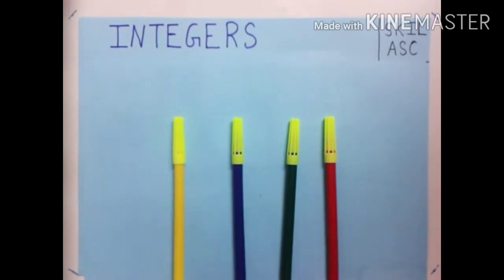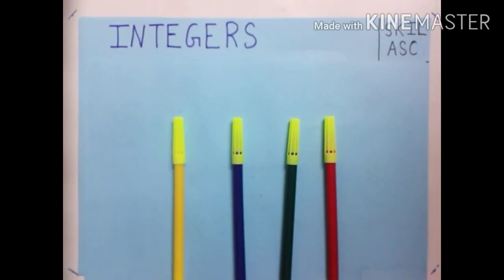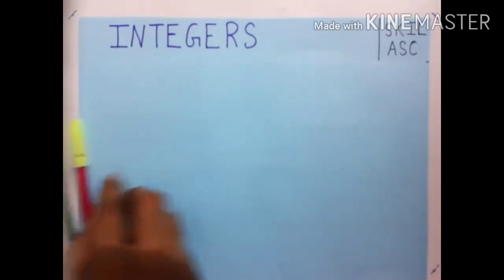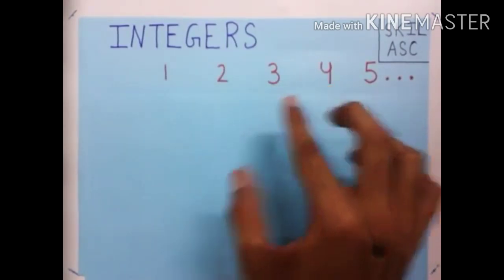We start learning integers with the help of these colors. Now I ask you how many colors you can see. Of course, you can see 4 colors. How do you know that? You counted the number of colors as 1, 2, 3, 4. So you see, we have used these numbers for counting.